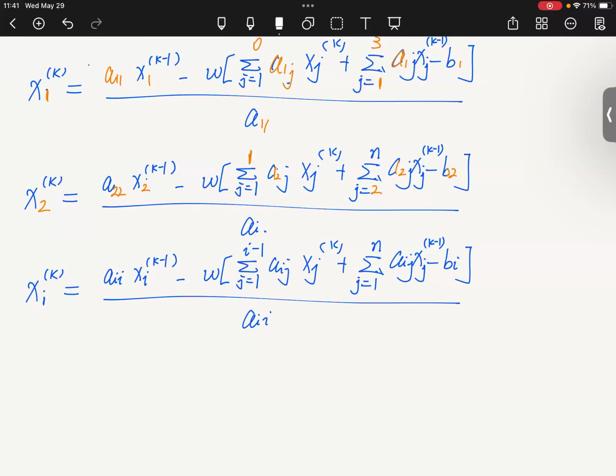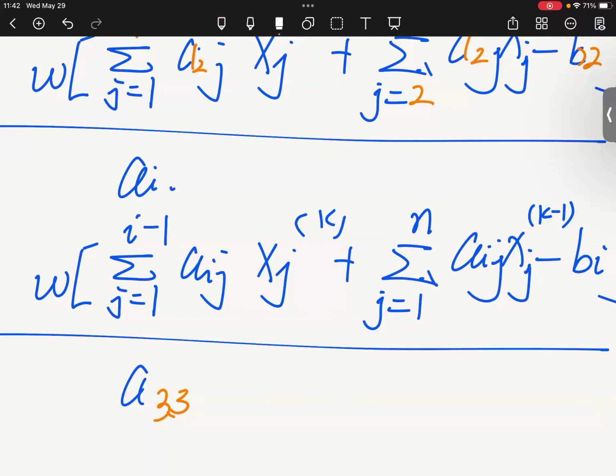For the third component, we change the i to 3, so we have b3 and also A3,3 x3, A3,3 here. And then we also have Aij with i equals 3. And 3 minus 1 is just 2.